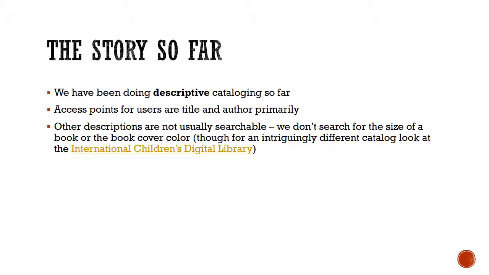So far, we've been doing descriptive cataloging. We have been describing access points like the title and the author, and most users do use that form of access to materials. They usually are doing what is called a known item search.